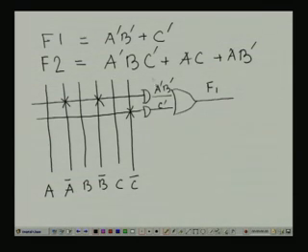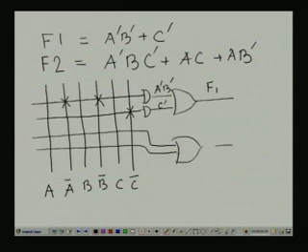Similarly, for F2, we are seeing that there are 3 terms. So, that means this OR gate must have 3 inputs, and this will be A dash B C dash.